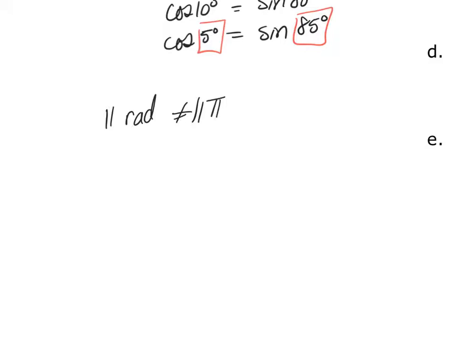That means I had some number A, I multiplied it by pi, and I got 11. If I want to know what that A number was, I'd take 11 and divide it by pi, which is not going to be a nice number. So that's the difference. But if I see 11 pi, that means I'm just looking for rotations, and I'll pull off rotations, coterminal angles at that point.